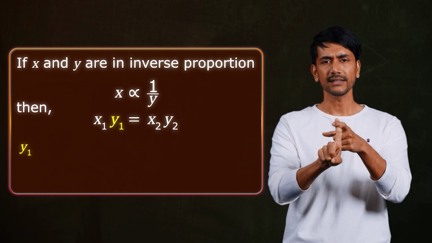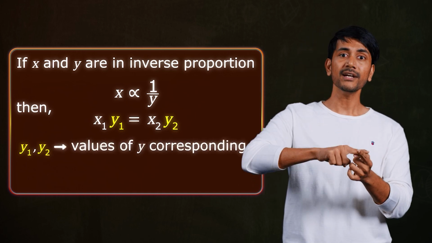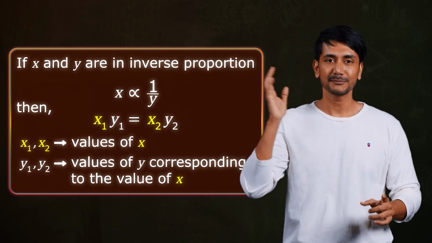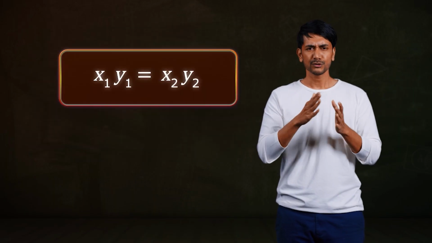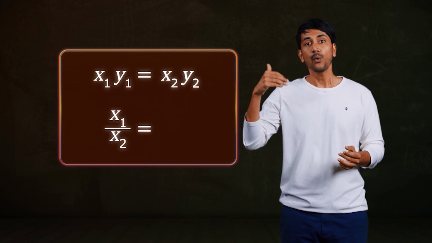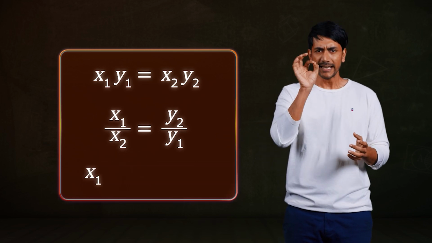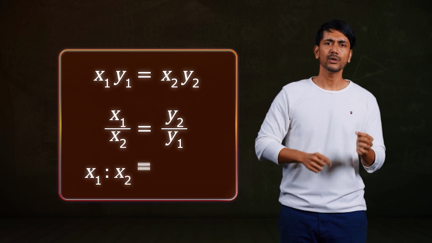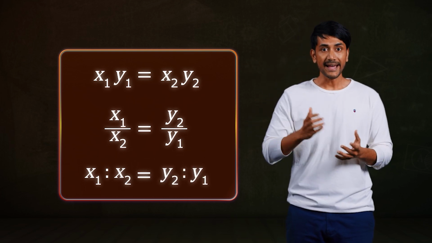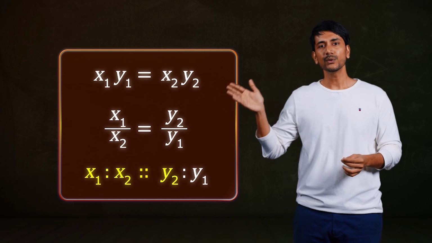Here, y1 and y2 are the values of y corresponding to the values x1 and x2 of x respectively. We can also write this as x1 by x2 equal to y2 by y1, or x1 is to x2 is equal to y2 is to y1, and read as x1 is to x2 as y2 is to y1.